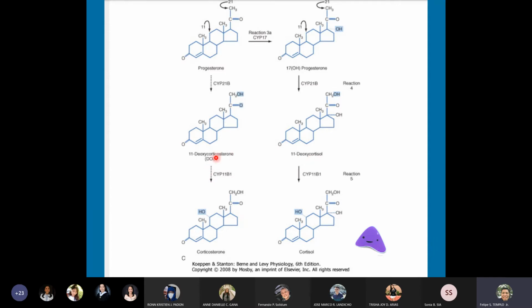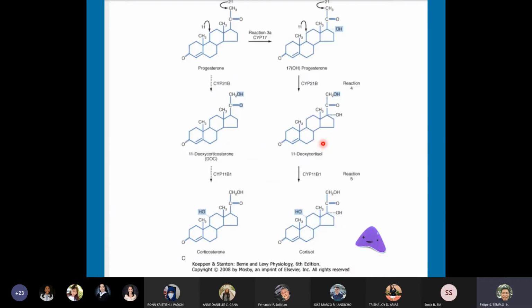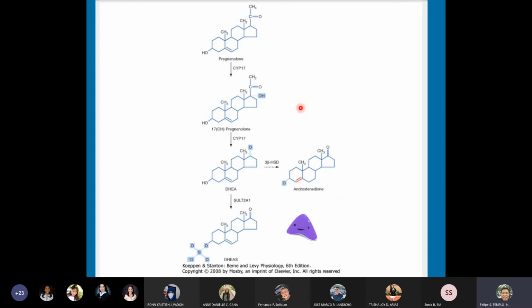And again, by another enzyme, the 11-deoxycorticosterone will be converted into corticosterone, which is the inert part of your cortisol, while the cortisol itself is the active or activated form. So remember, these steps are happening in your zona fasciculata, right?